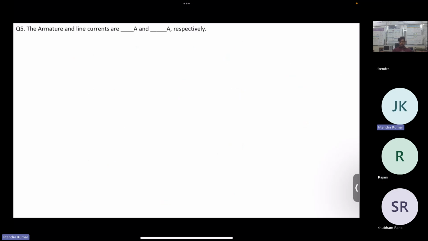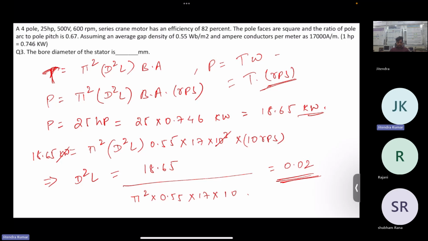Now the last part of the problem is how much will be the armature and line current. See the problem statement from the beginning: now we need to calculate armature current as well as line current.